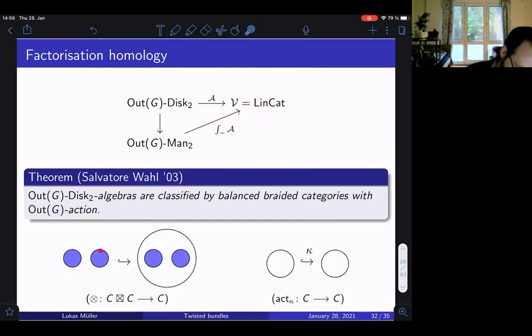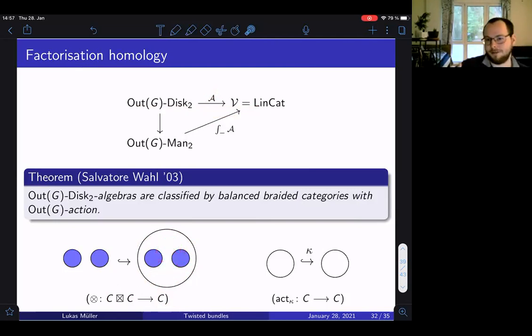So I can consider an embedding of two disks into a larger one. And then if I evaluate this A on this embedding, I get a tensor product functor from two copies of what I assign to a disk to one disk. And it's important to require this thing to be symmetric monoidal. So this will give me a tensor product. And then I also have a homotopy of this embedding, which just moves this disk here and this disk there.